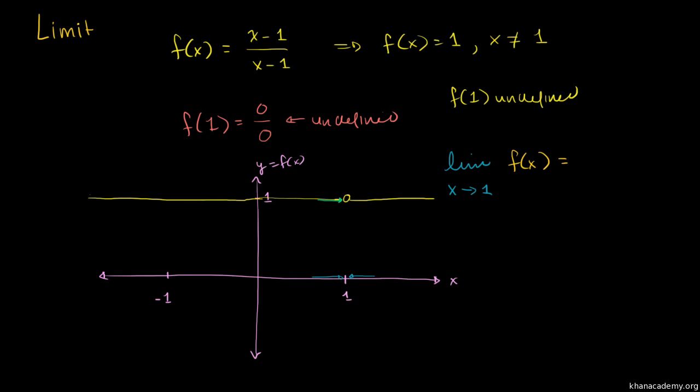It's actually at 1 the entire time. So in this case, we could say the limit as x approaches 1 of f of x is 1. So once again, it has very fancy notation, but it's just saying, look, what is a function approaching as x gets closer and closer to 1?